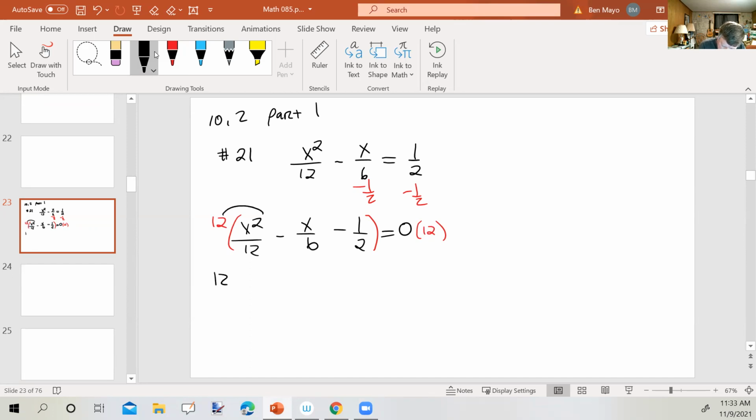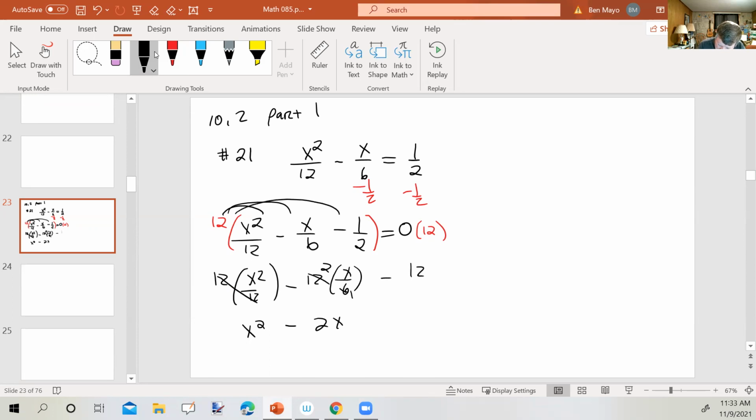So 12 times x squared over 12 would be x squared, minus 12 times x over 6. The 12 over 6 reduces to 2 over 1, so minus 2x. And then minus 12 times 1/2. 12 over 2 is 6 over 1, minus 6 equals 0 times 12 is 0. Okay, so now I've got it in standard form and I've cleared the fractions.